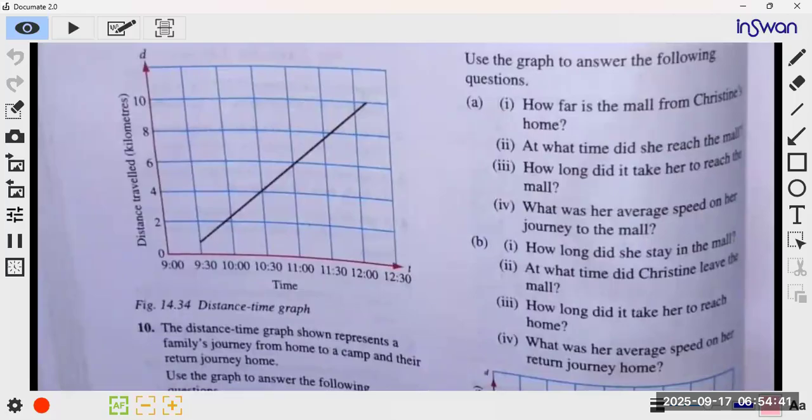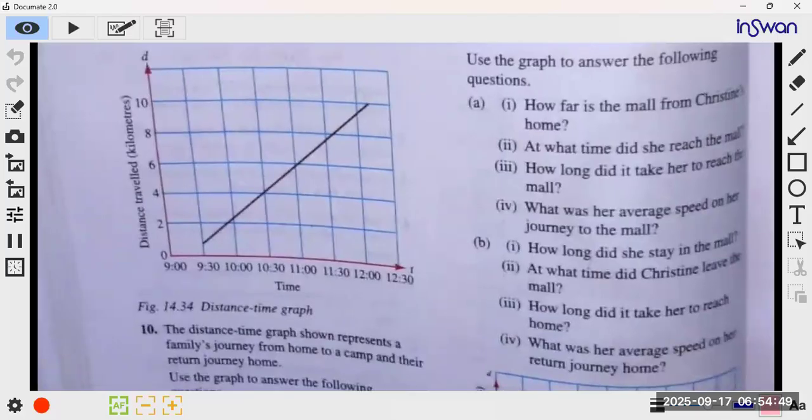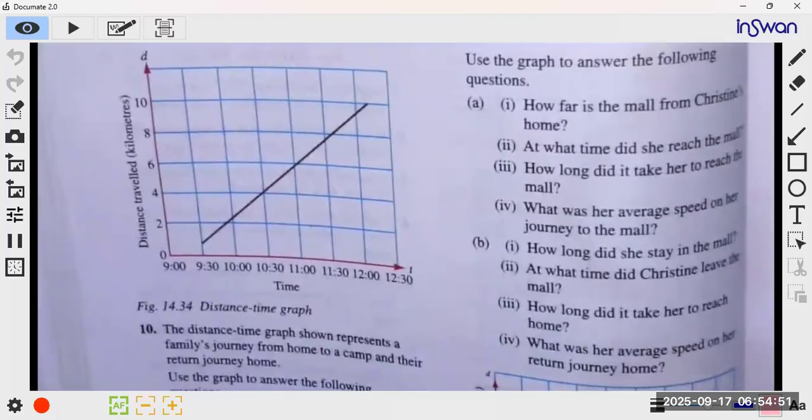Excuse me, can you repeat? Right. Can you know what distance Anna walked? Anna walked 10 kilometers. Right.